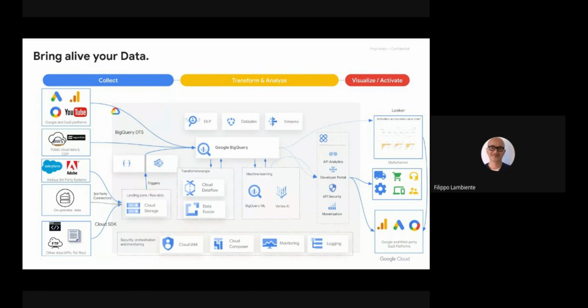And again, here is where Apigee is used to take an IT asset, in this slide BigQuery, and wrap it inside a data product that can be consumed by external partners.